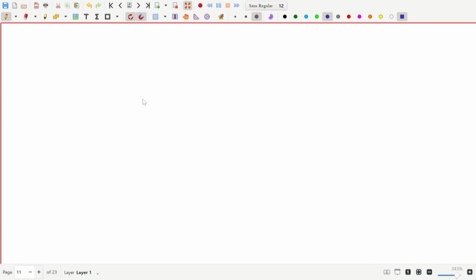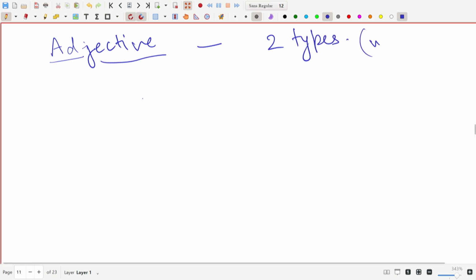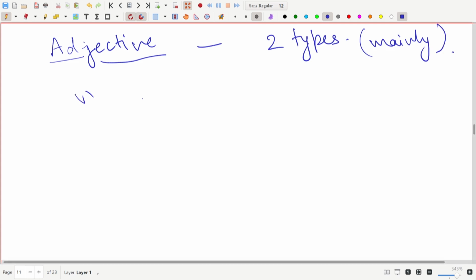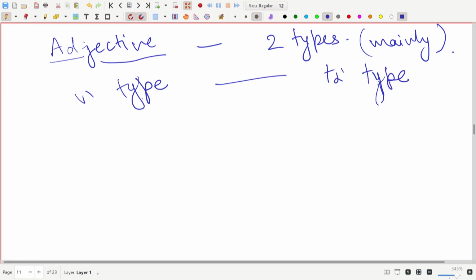Next we will learn about adjectives. There are mainly 2 types of adjectives, and those are called i-type adjectives and na-type adjectives. I-type adjectives are those adjectives which end with i.